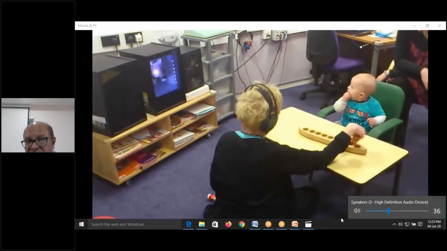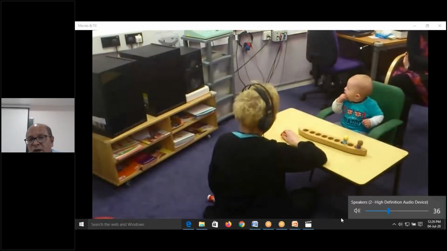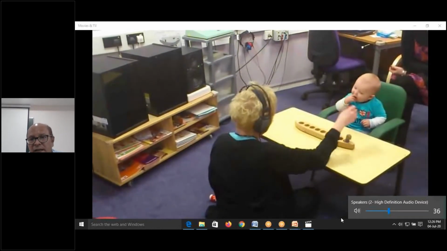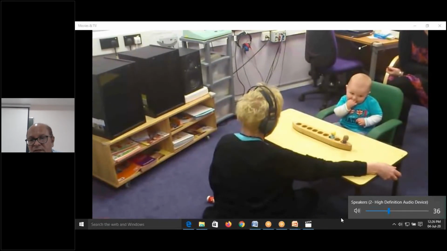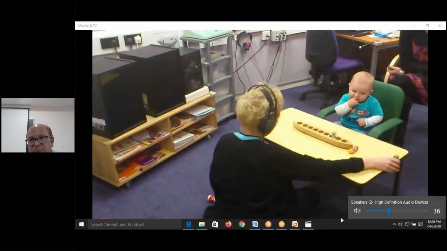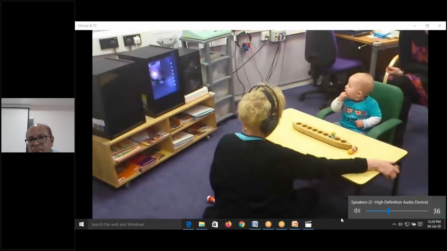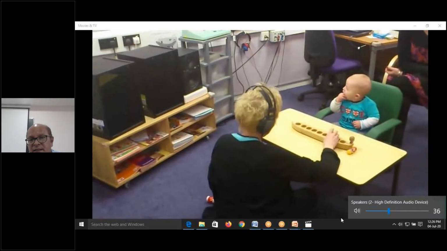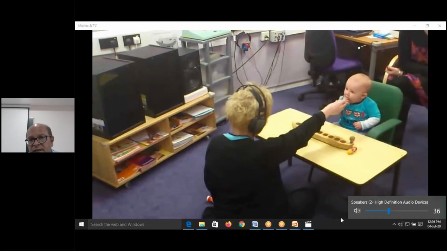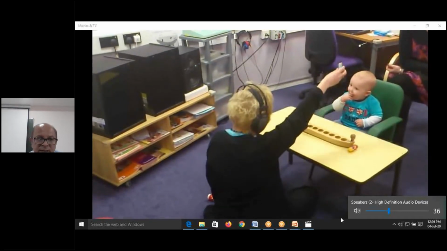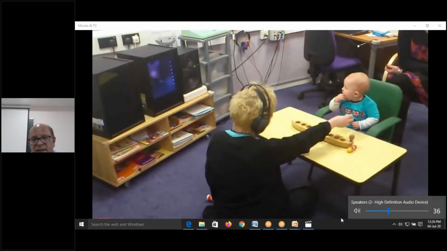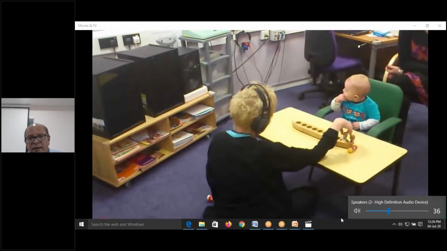This needs a lot of patience on the part of the audiologist, because it's not easy to deal with a child. You have to have a lot of patience while doing this. See, she is distracting the child with the toy, and then the sound is played, and she has the control in her hand.